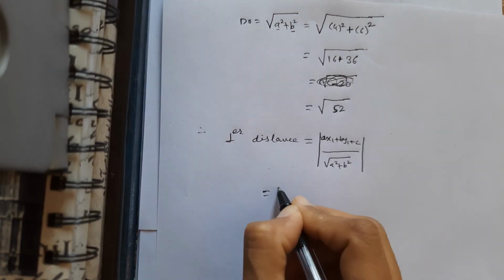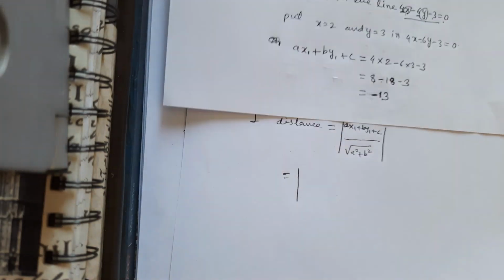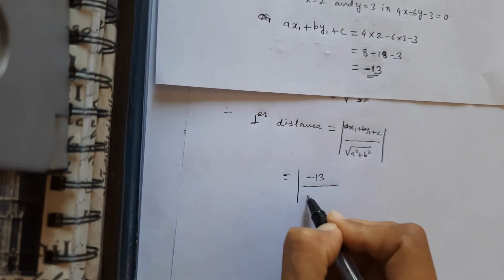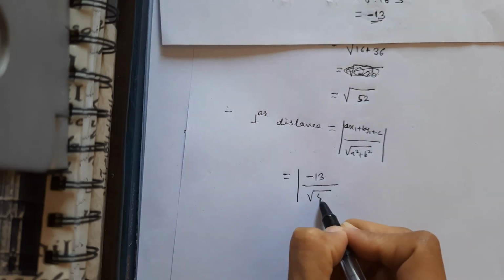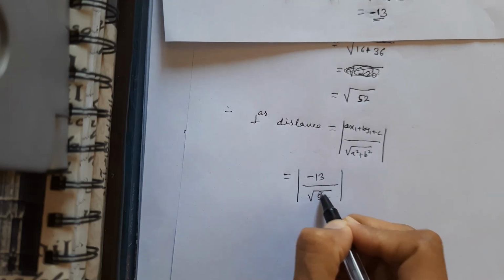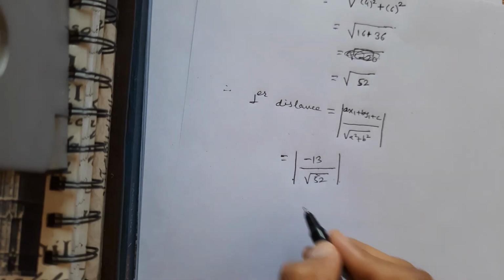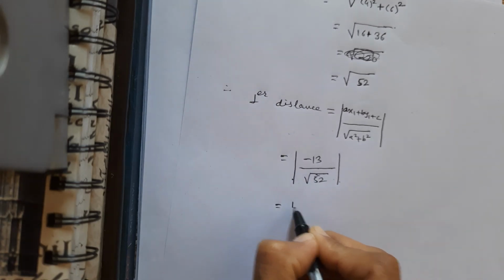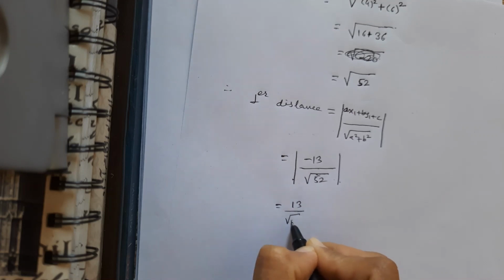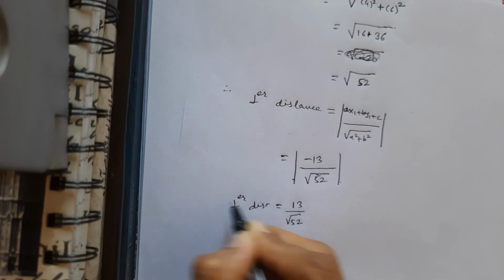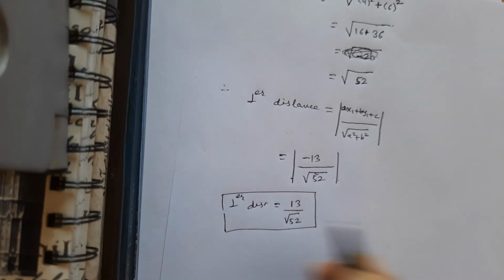So this will equal mod of the numerator I already calculated, which is minus 13, upon root 52. You know that outside the modulus the value is always positive. So 13 upon root 52 is the perpendicular distance. That's how we solve the problems.